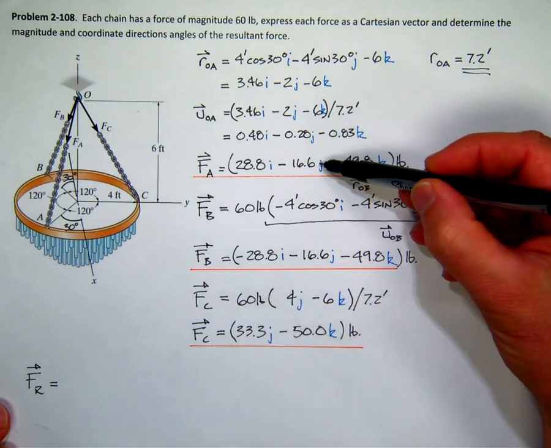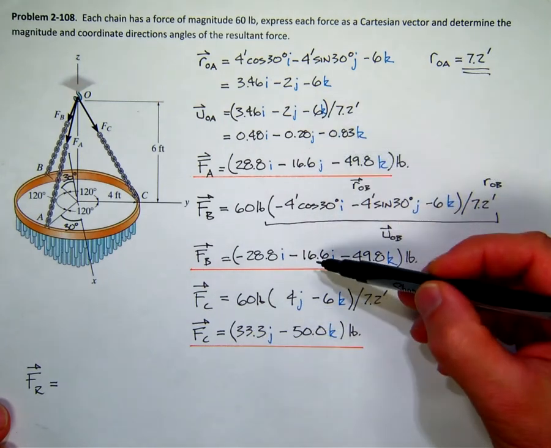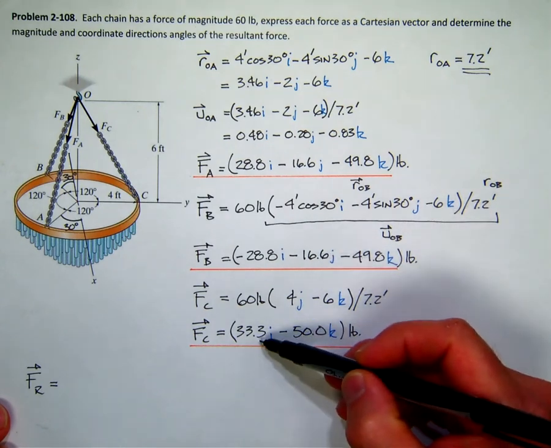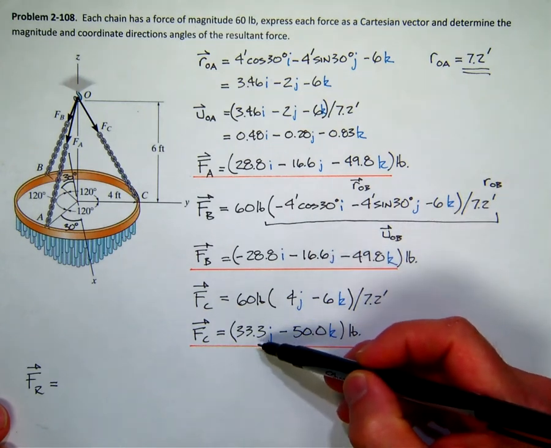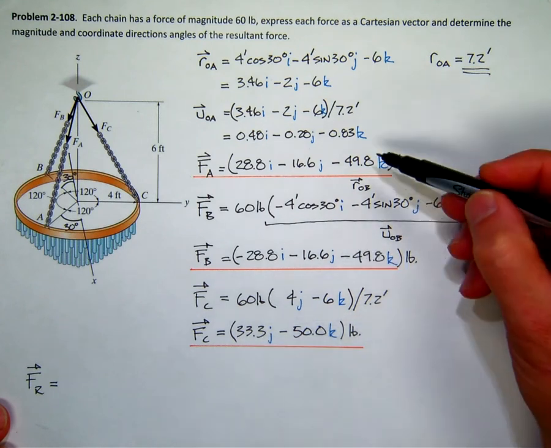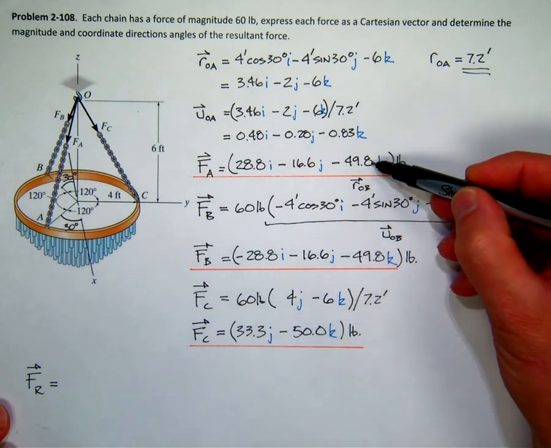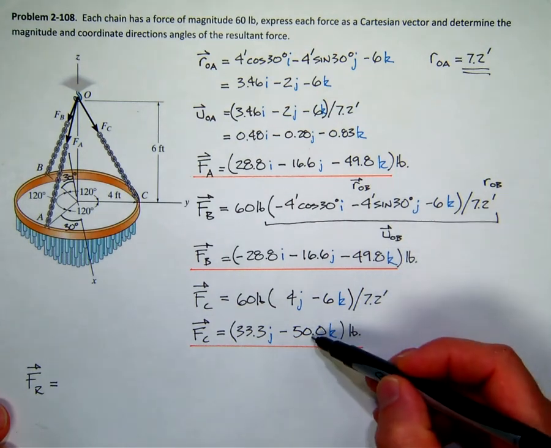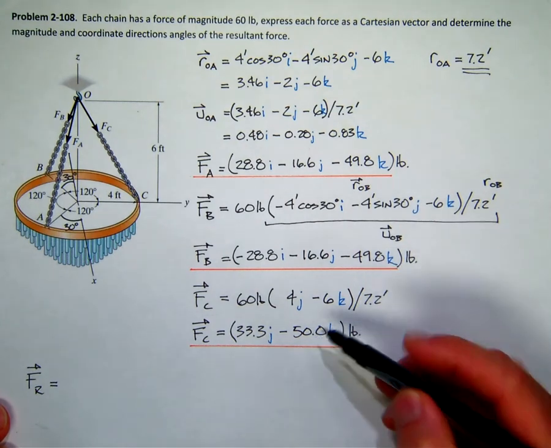I've got minus 16.6, minus 16.6, plus 33.3, that's pretty close to 0. And then I've got minus 49.8, minus 49.8, minus 50. That's all pretty close.